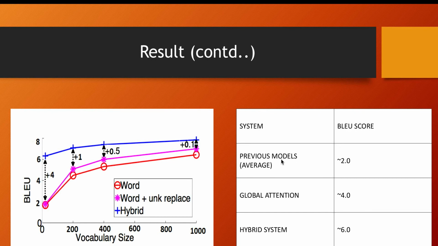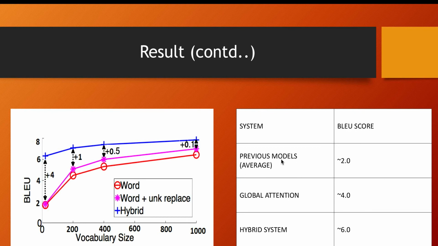The best result was found when I used the hybrid architecture of word and characters. And as can be seen from the graph, it gave me a BLEU score of 6 in the beginning itself and went up till 7 finally, as the vocabulary size increased.